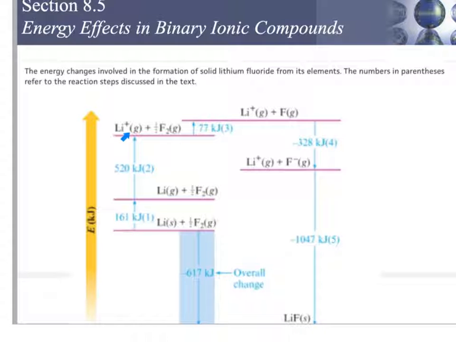And then this next step is the diatomic gas molecule breaking up into individual atoms, and then the atom here, so this would be the fluoride ion gaining an electron, and then finally these two ions, the Li+ and the F-, coming together to form LiF. This is sometimes referred to as a Born-Haber cycle, so that's the name that's given to this.